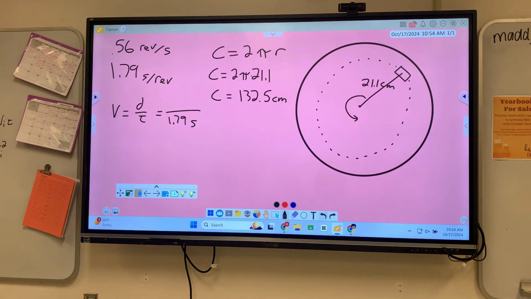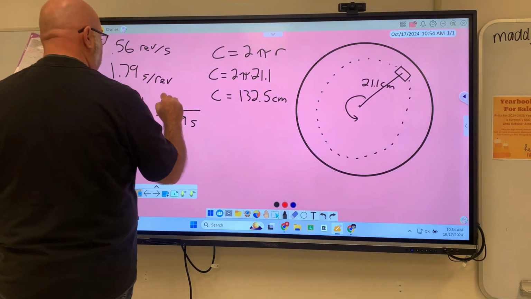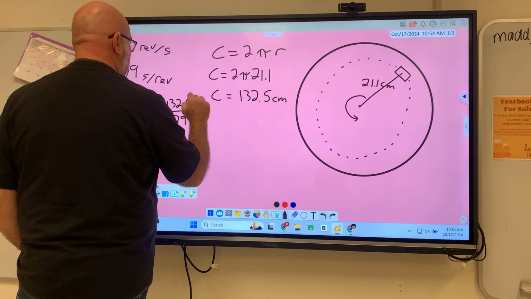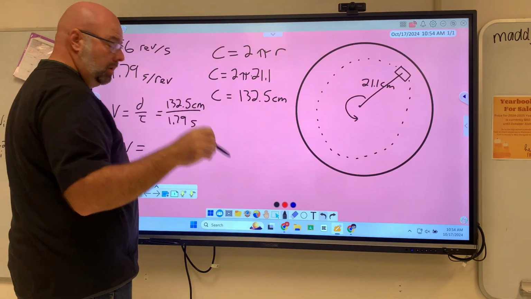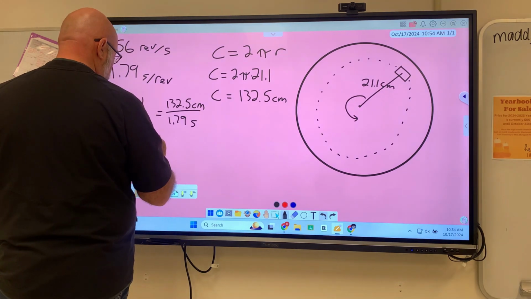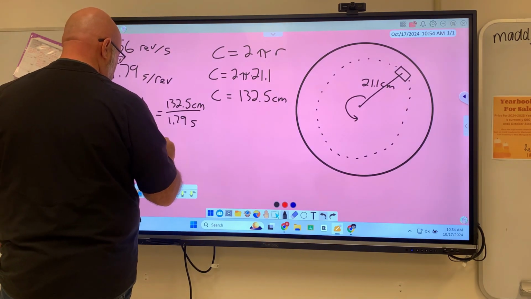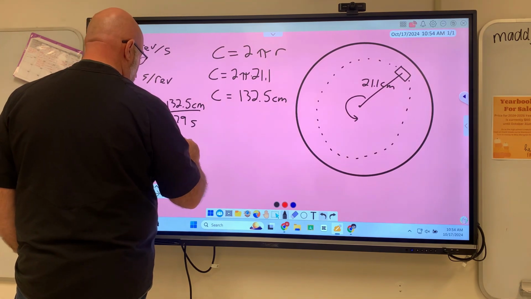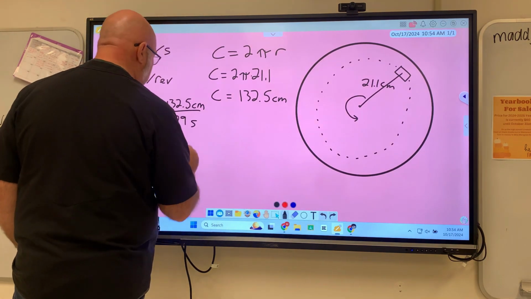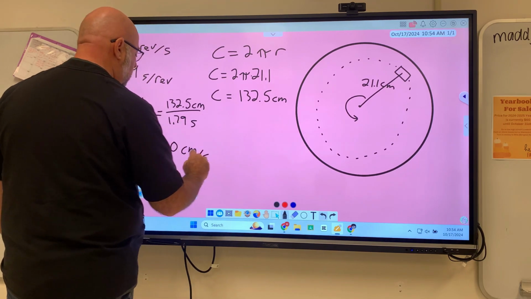All right, so what do I do with that number? That's my distance number, right? So 132.5 centimeters, velocity equals 74.02. All right, so what's my unit here, though? Centimeters per second.